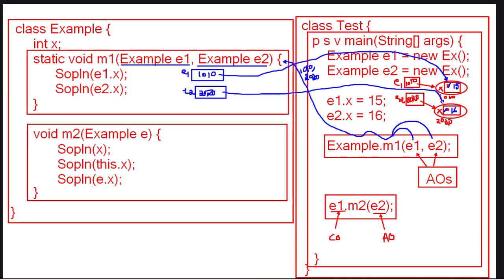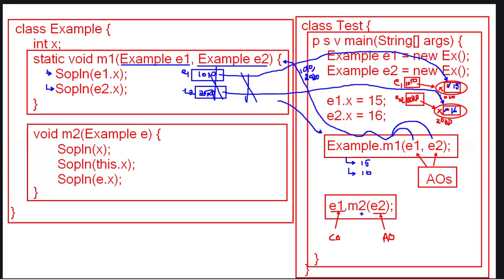The E1, E2 of main and the E1, E2 of M1 are local to their own methods. Then logic execution started: E1 dot X, 15 and 16. Then method execution completed, control comes back, parameters are destroyed, references are gone.